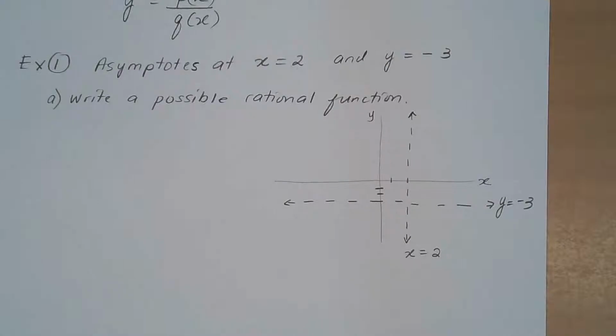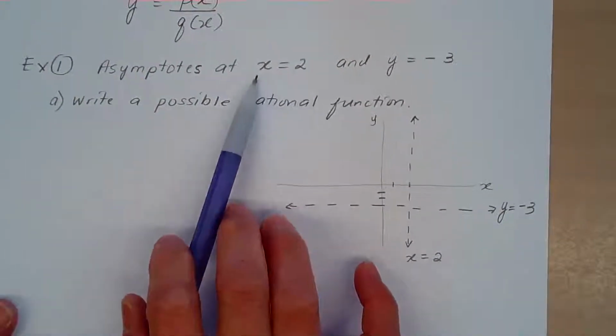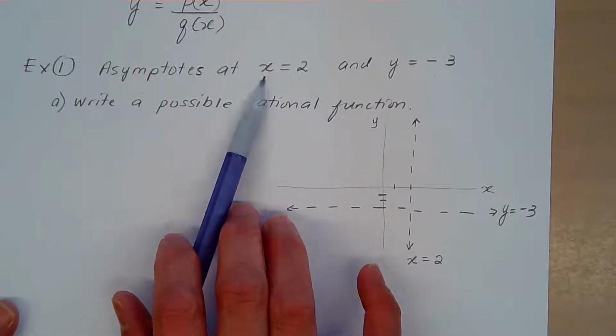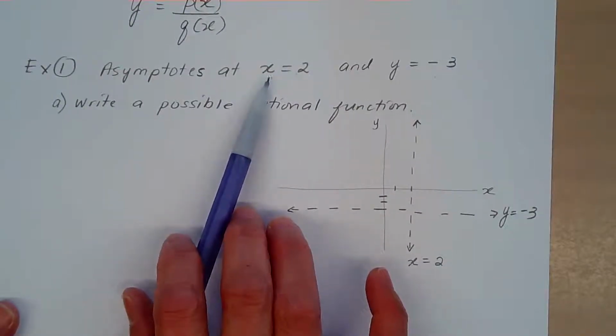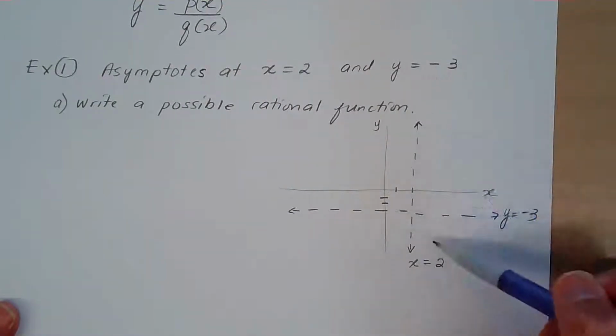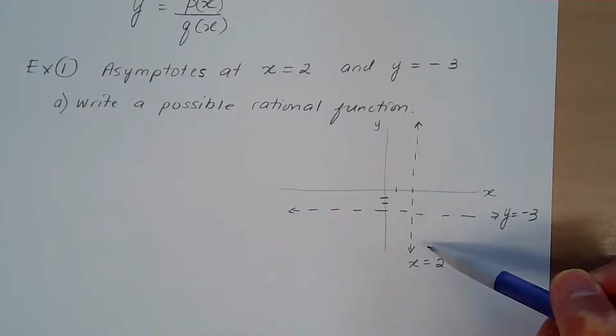So what could be a possible rational function? Let's start with this. How can we get a vertical asymptote at x equals 2? x minus 2. Where does the x minus 2 go?